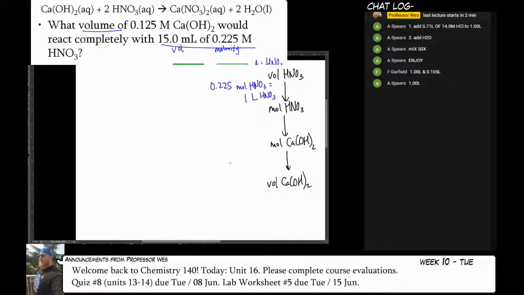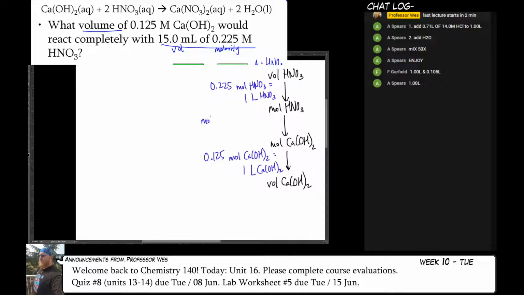We can do the other molarity while we're thinking about molarity here. So how many moles of calcium hydroxide are there in how many liters of it? Well, in 1 liter, there are 0.125 moles of calcium hydroxide. And then this part is just stoichiometry.